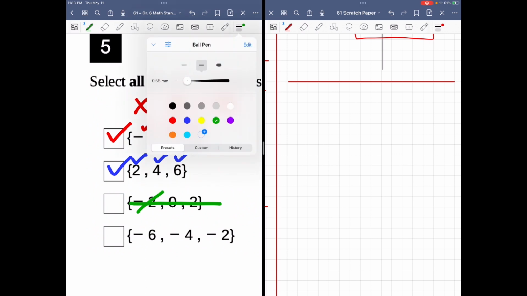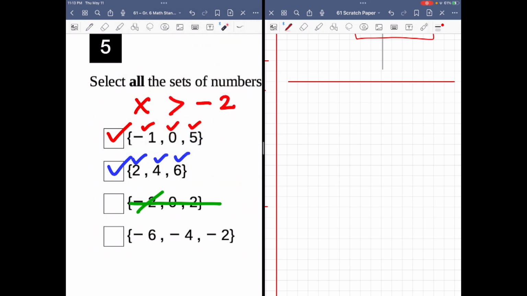All right, switching to purple for the fourth line. Let's go test every single one of these values. So first one, we'll try -6, and then -4, and then -2. Starting with -6. -6 is greater than -2. They're both negative, so whichever is closer to 0 is bigger.